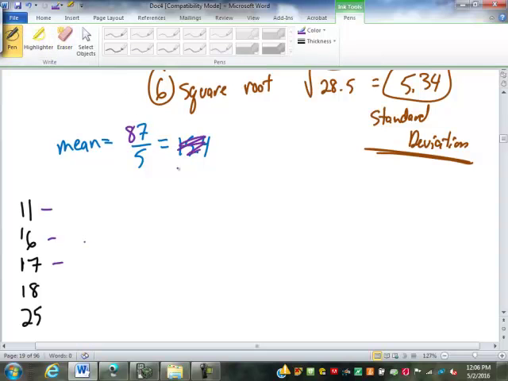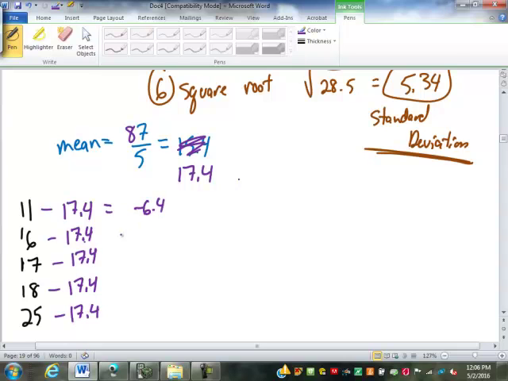So that would make this 17.4 subtracted from each. So this is going to be negative 6.4, negative 1.4, negative 0.4, 0.6, and 7.6. And we would have to square each of those.